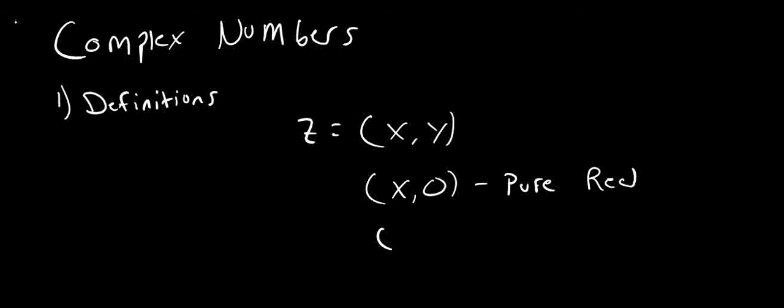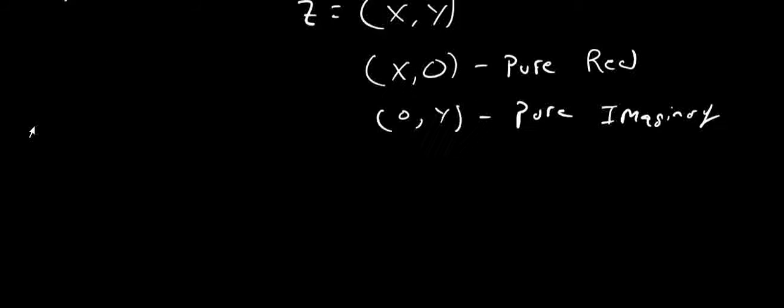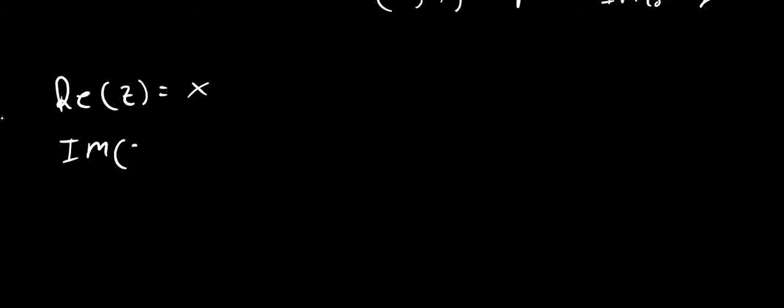If we have an ordered pair where x equals 0 but y can be any value, this is a pure imaginary. Oftentimes we'll see the real part of z is equal to x, and the imaginary part of z is equal to y.